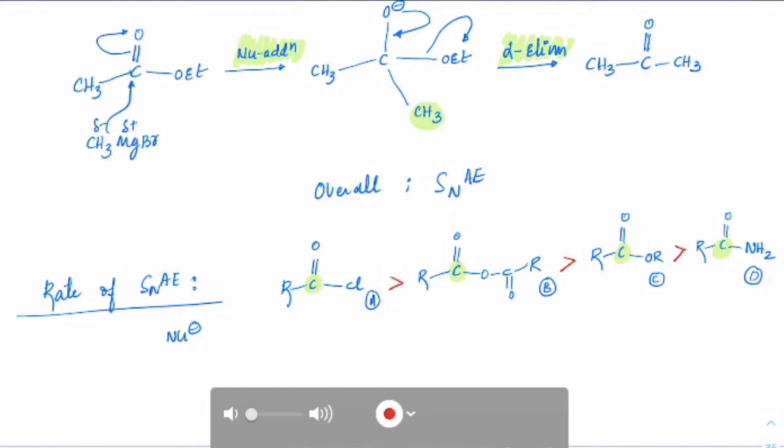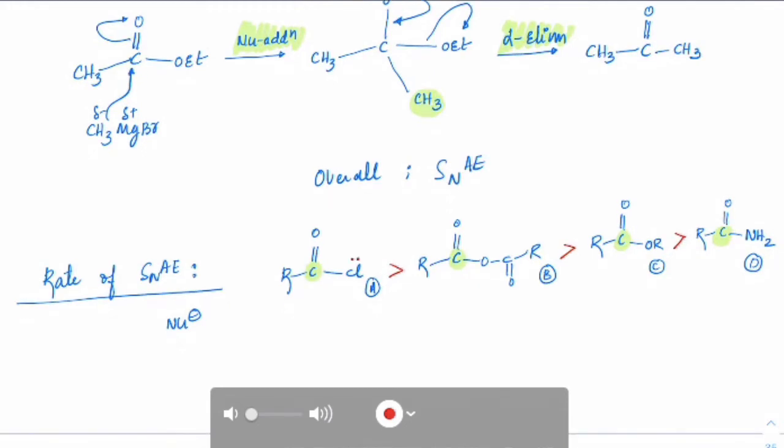Now, chlorine will show a little bit of plus M, but overall minus I, and you know that in the case of halides, minus I dominates over plus M. So overall chlorine is an electron withdrawing group, and delta positive will increase on carbon. I hope all of you are following that point.